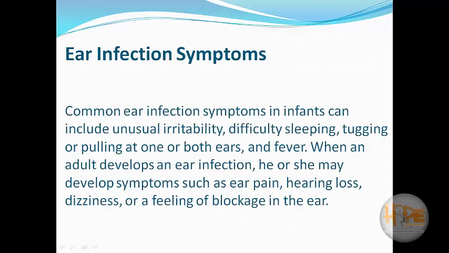Common ear infection symptoms in infants can include unusual irritability, difficulty sleeping, tugging and pulling at one or both ears, and fever. When an adult develops an ear infection, he or she may develop symptoms such as ear pain, hearing loss, dizziness, or a feeling of blockage in the ear.